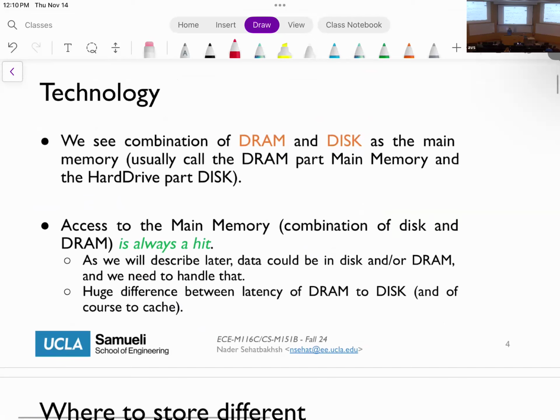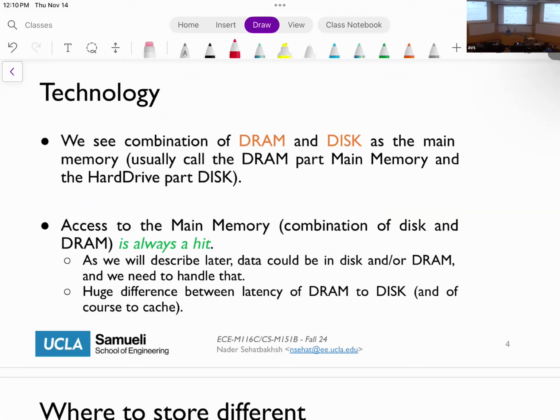Okay. So the technology that we use for main memory is DRAM. DRAM is much, much slower than SRAM. As a result, main memory is significantly slower than your caches. But the good thing about DRAM is that it's very dense, which means that you can store lots and lots of data. So main memory is significantly larger.